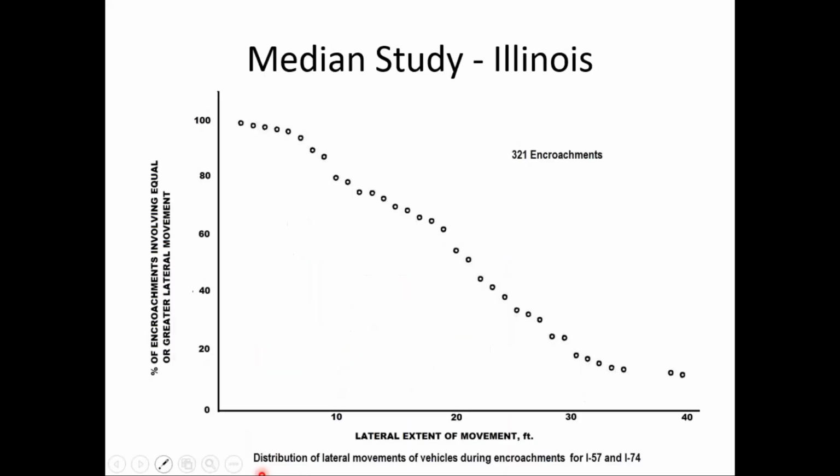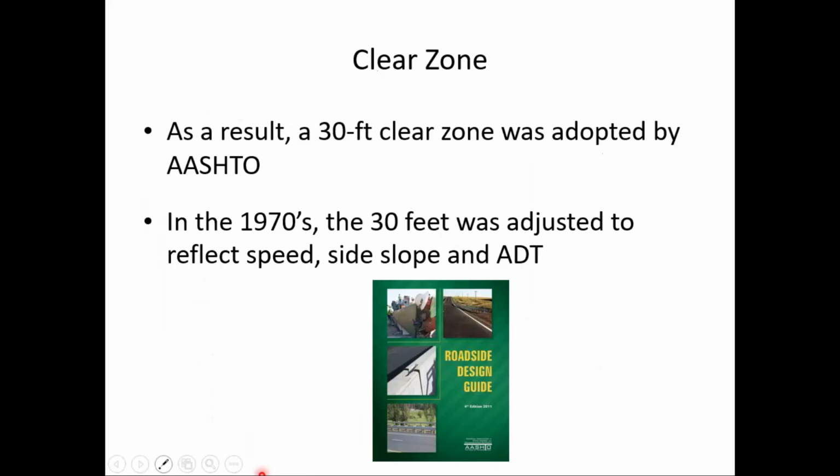And interestingly, there was also some data collected by the Illinois DOT, looking at medians on limited access highways in Illinois, and they found that similarly, 80% of the vehicles went no farther than 30 feet. And so back, I think it was in the late 70s, AASHTO adopted a 30-foot clear zone.